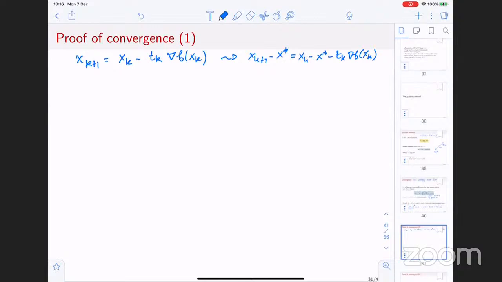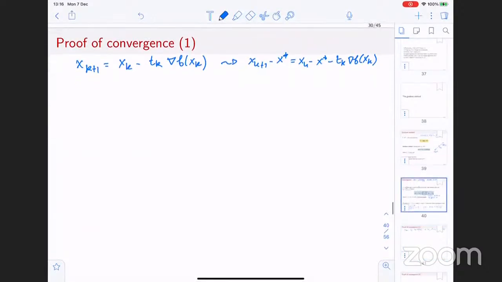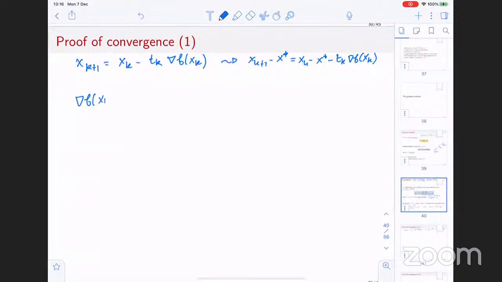Now what I'm going to do is use a formula for the gradient of f at x_k. I claim that the following is true: the gradient of f at x_k is equal to the gradient of f at x star plus the integral from 0 to 1 of the Hessian of f at x star plus some alpha times (x_k minus x star), times (x_k minus x star), d alpha.